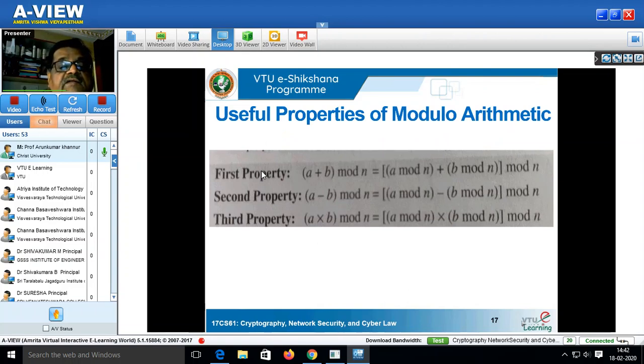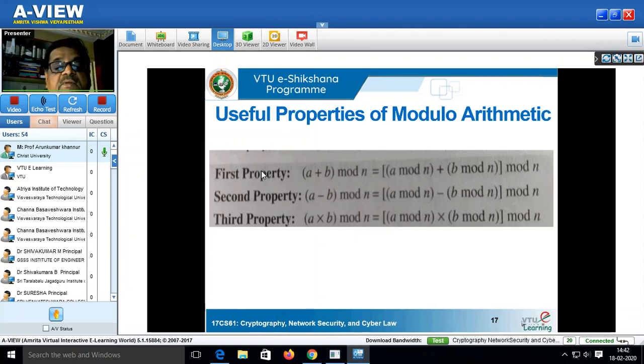Now we shall look at some of the useful properties of modulo n arithmetic. First property: a plus b mod n is congruent to a mod n plus b mod n, mod n.